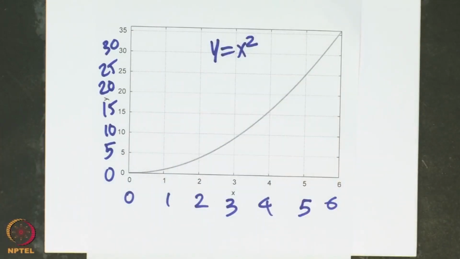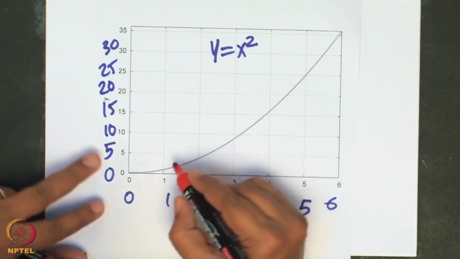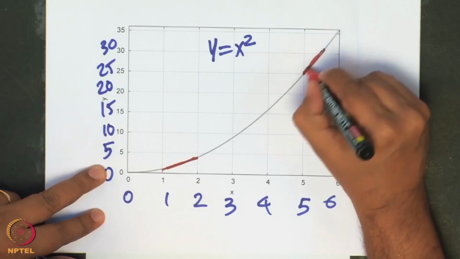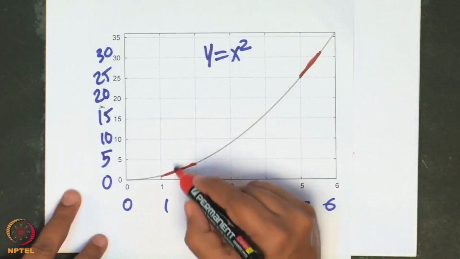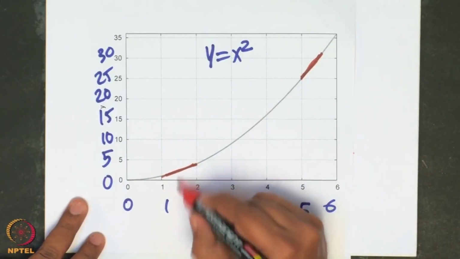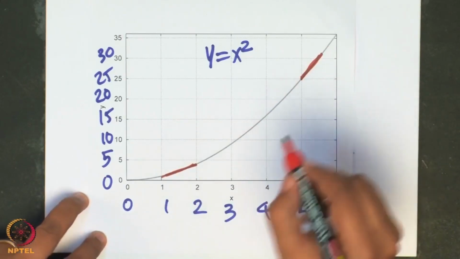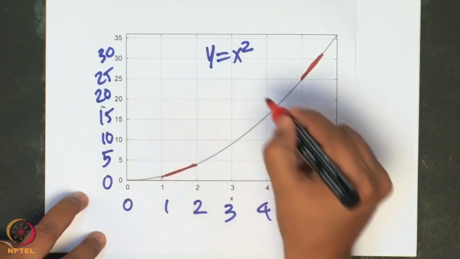Now the slope, if you calculate here, will be very different from the slope here. So depending on for what value of x you calculate, the slope will be different. This is an important point that all of you should know.